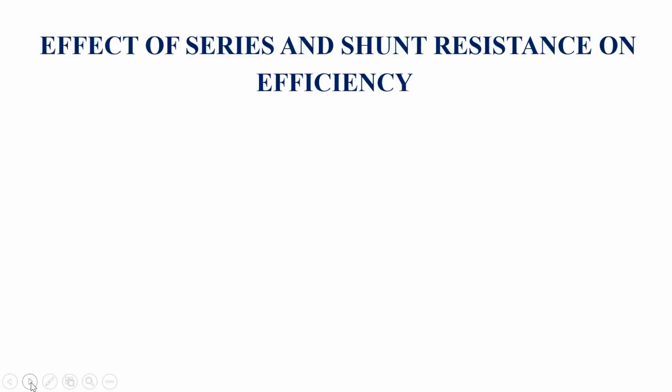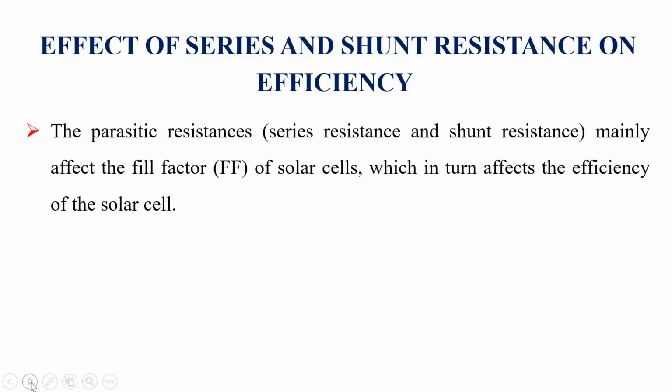Now, the first one to discuss is the effect of series and shunt resistance on efficiency. The parasitic resistances, series resistance and shunt resistance, mainly affect the fill factor of solar cells, which in turn affects the efficiency of the solar cell.